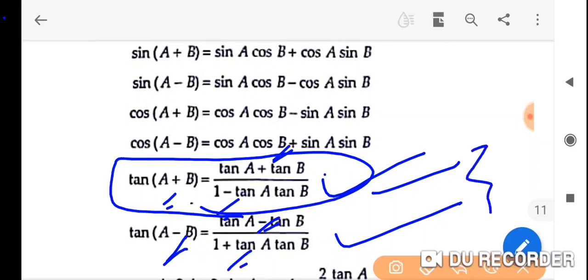So you must take care while learning this. You can remember it easily. These identities are very important.